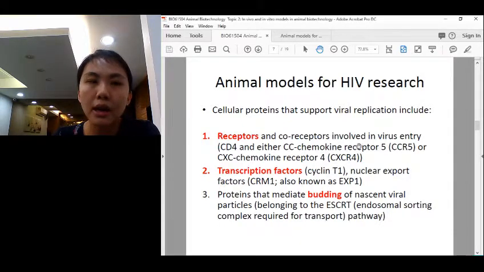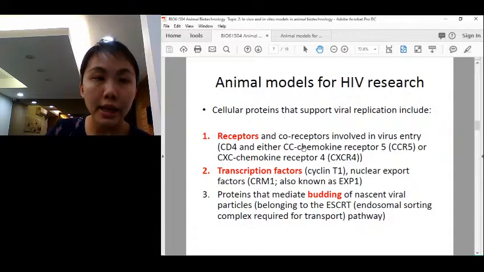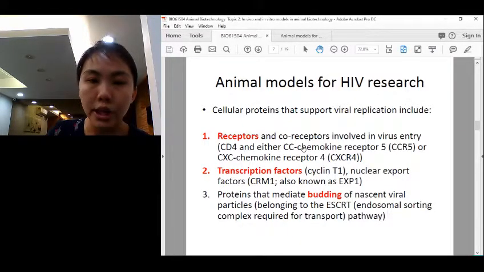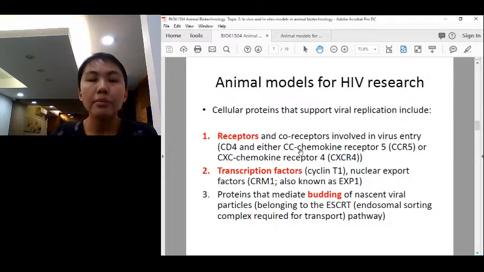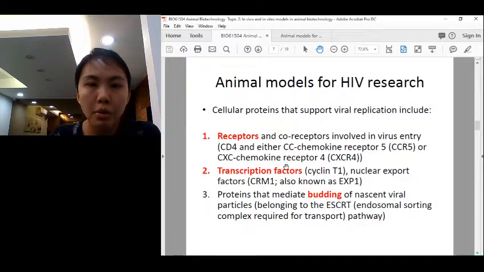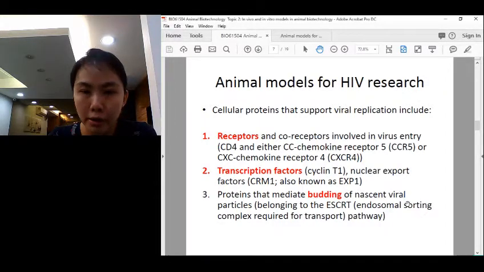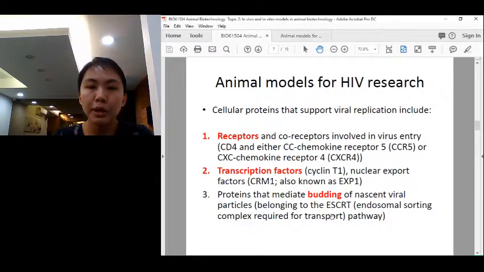All these are the receptors capable of recognizing the HIV virus. Some molecular factors involved include transcription factors, nuclear export factors, as well as the proteins that mediate the maturation and budding of the viral particles, which belong to the endosomal sorting complex required for transport.